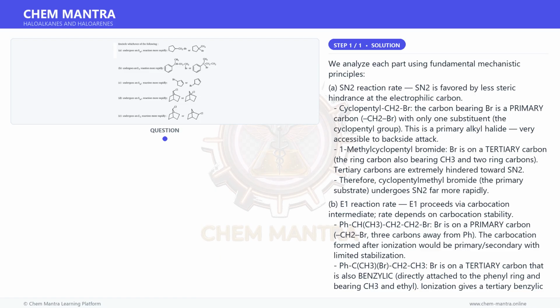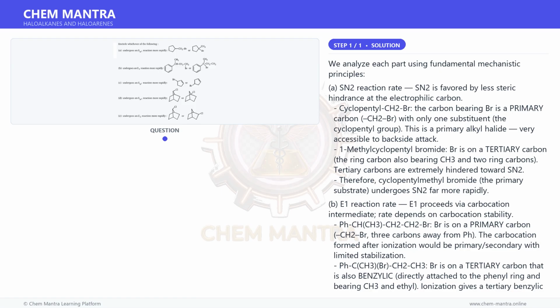The second structure has Cl at the C2 bridgehead-adjacent position on the 2-carbon bridge, which is more sterically hindered within the rigid bicyclic cage. In norbornane systems, the C7 bridge methylene position allows better backside approach for SN2 than the more cage-congested C2 position. Therefore, the norbornane with Cl on the 1-carbon bridge, C7, undergoes SN2 more rapidly.